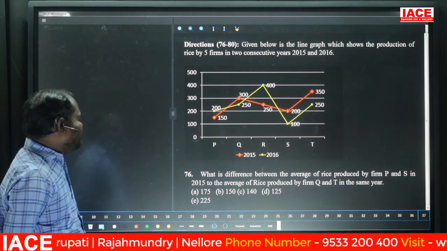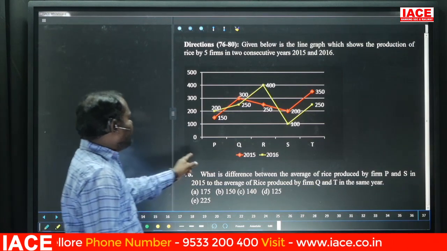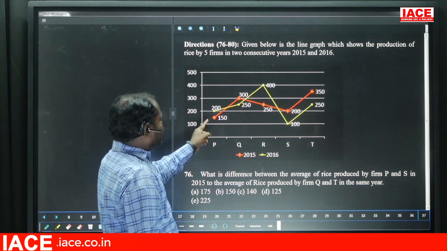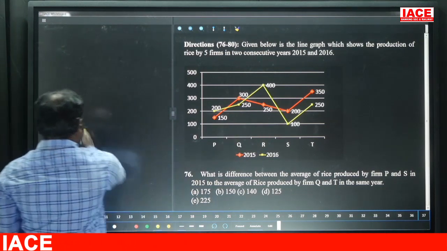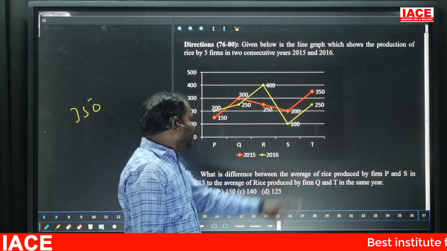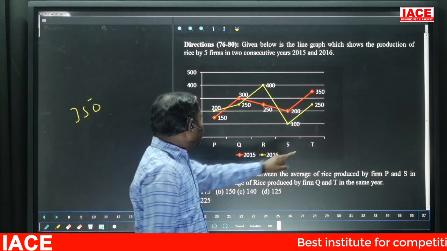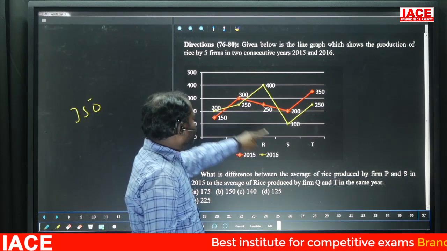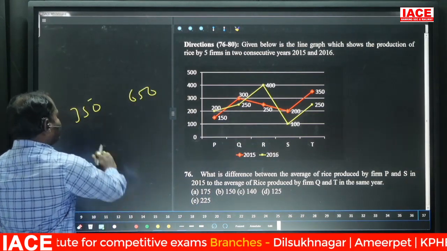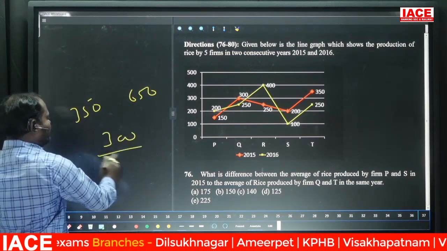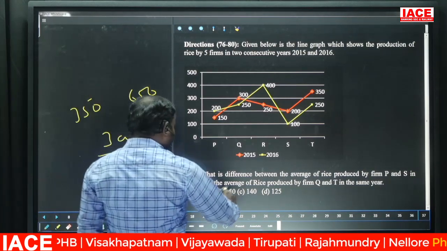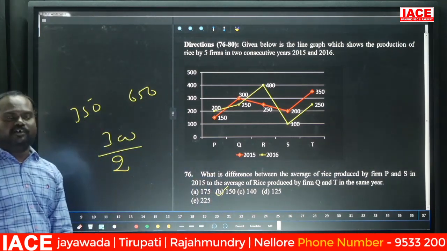So P and S in 2015, red color, 150 and 200, 350 sum. And Q and T in the same year, red color, 300 and 350, 650. Difference 300, but we require average, 300 by 2, nothing but 150. Option B, 150. Next.